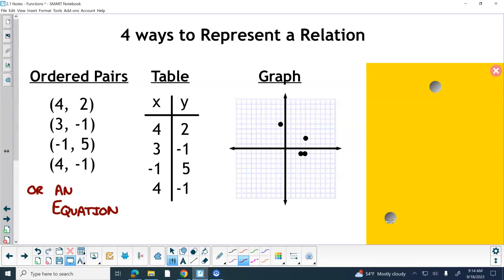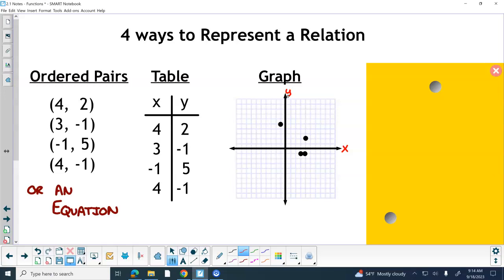Remember, X's are there, Y's are there, positive is to the right, and positive is up. Okay. So that's a third way to represent a relation.